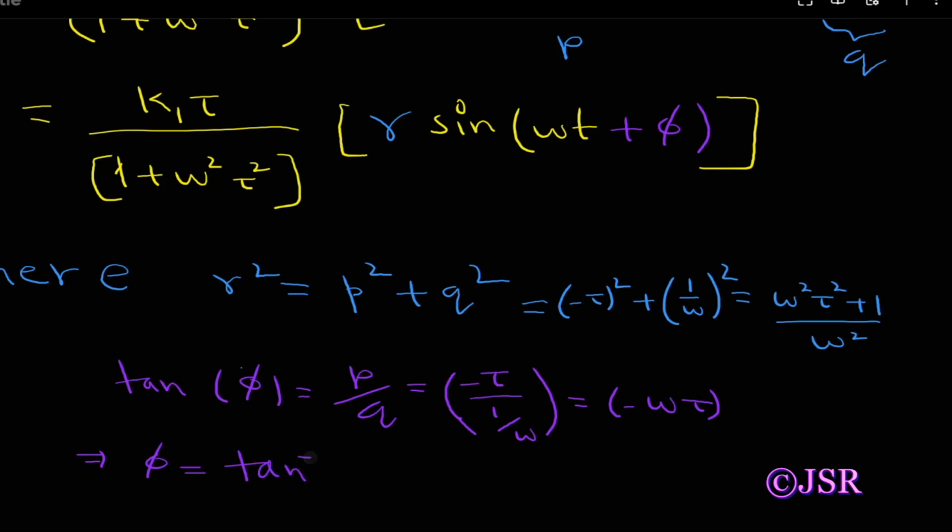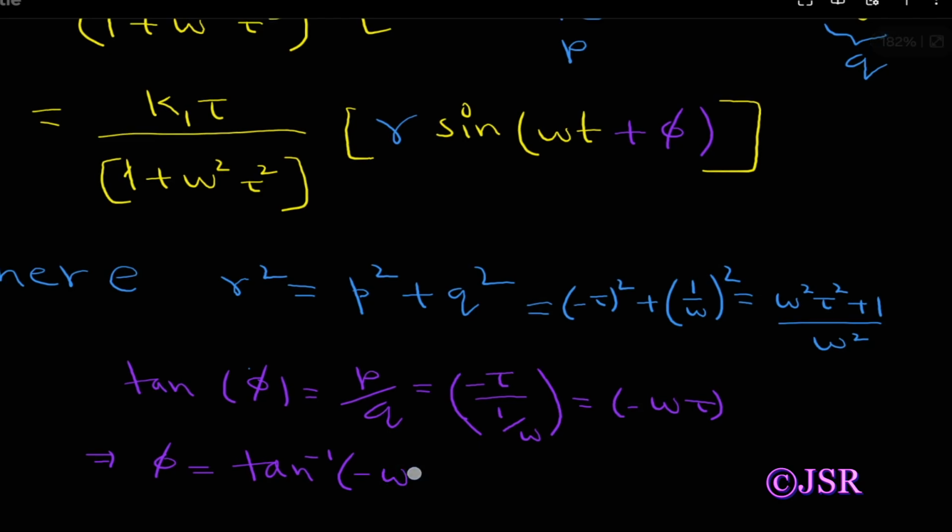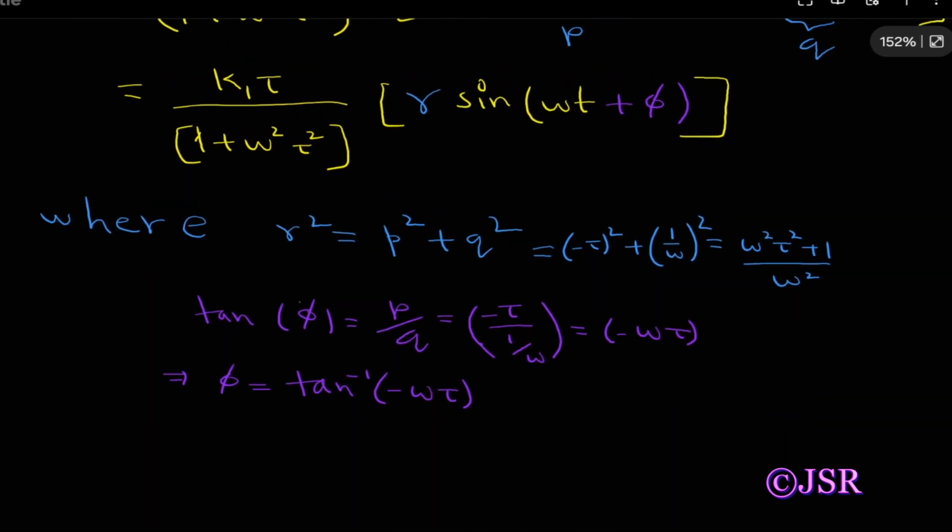So phi will be tan inverse minus omega tau.